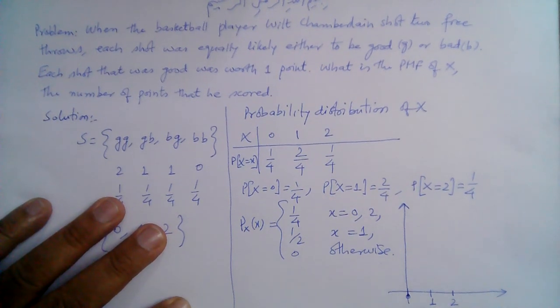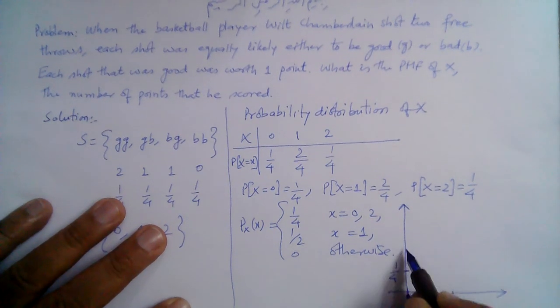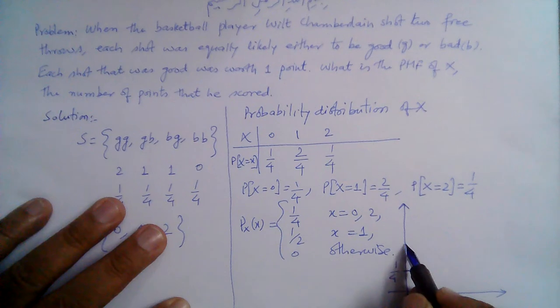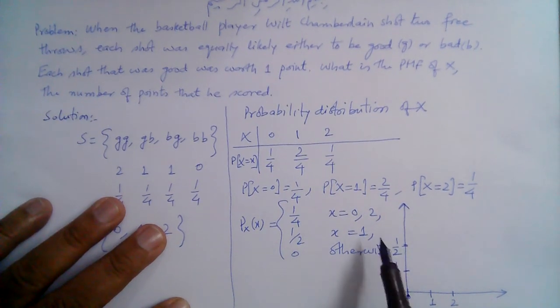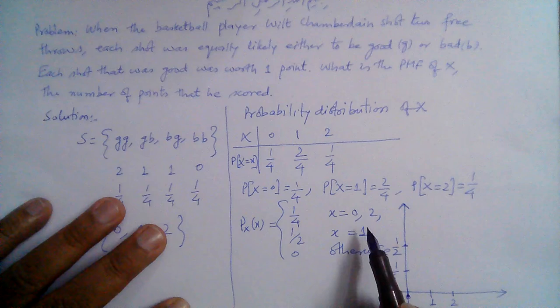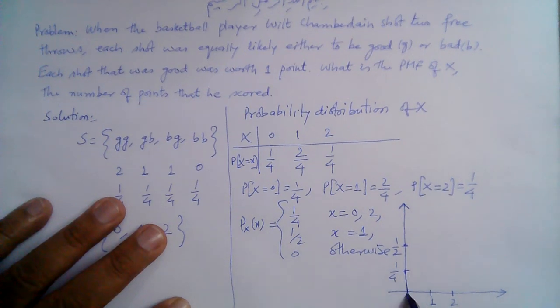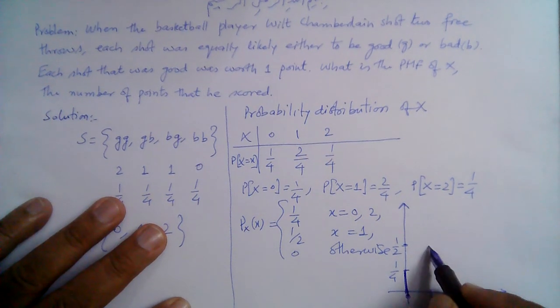Only these values are possible. So let this be 1 over 4, and then let this be 2 over 4, that is 1 over 2. The probability of getting a 0 is 1 over 4, so it is this value like this. Probability of a 1 is 1 over 2, so it is here.